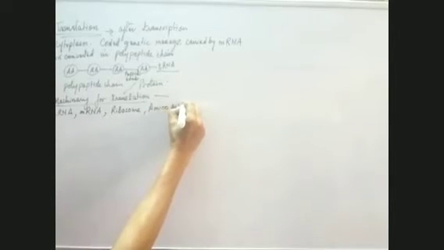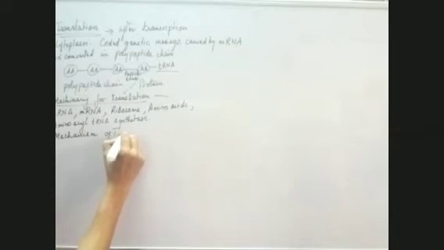Besides amino acids, one enzyme which is very important is amino acyl tRNA synthetase. This is the enzyme which is required, and this is the complete machinery which is required to perform the process of translation.